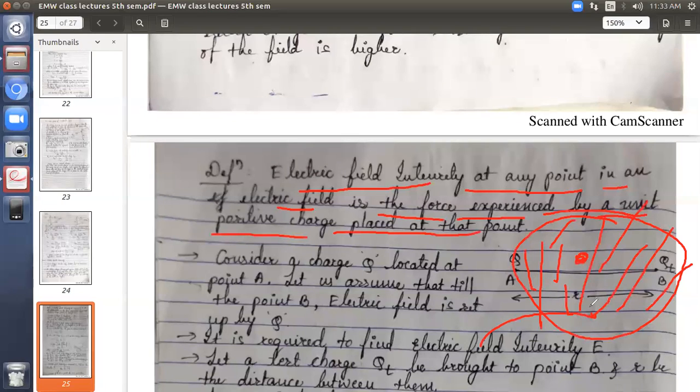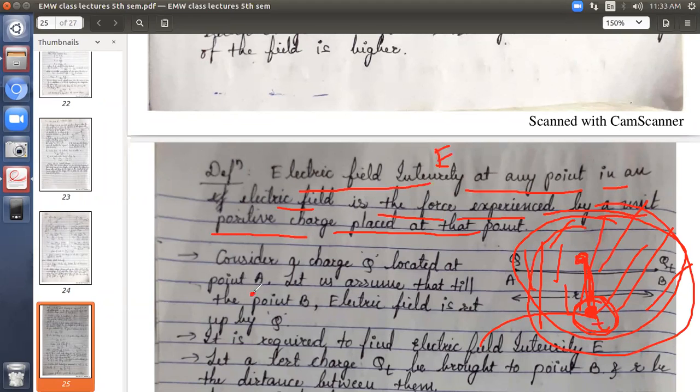If I take one more charge here, which we call a test charge, a charge under test, just for testing whether the field is present or not, and it is put in this field, then there exists a force. This charge will experience a force. That force experienced by the test charge placed in that field is called electric field intensity, denoted as capital E. I hope you understood the definition.